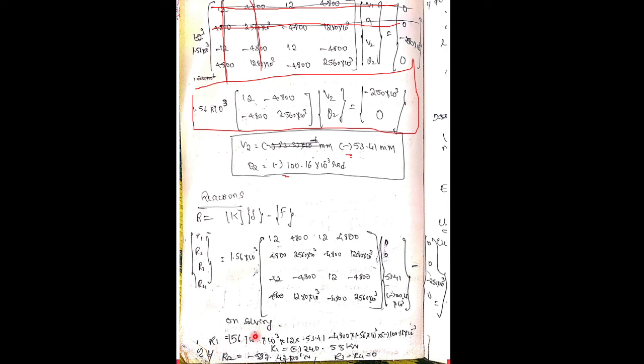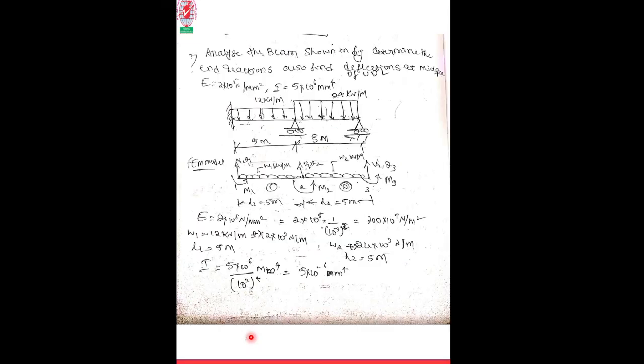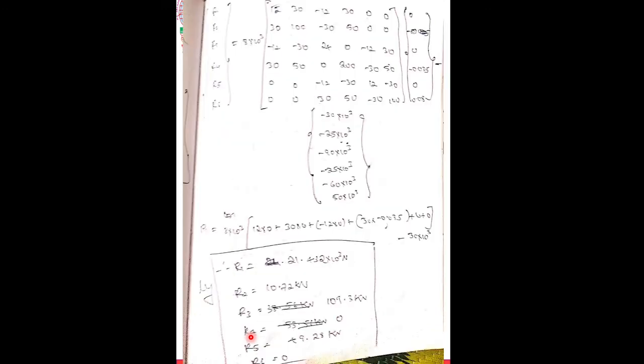R1 has minus 240.55 into 10 raised to 3. All of you got this? Fine. So by this, problem 1 is completed.